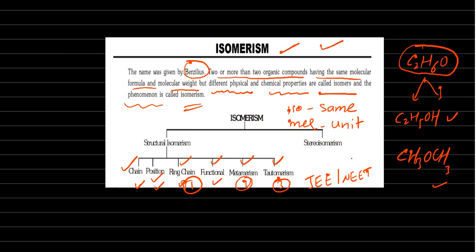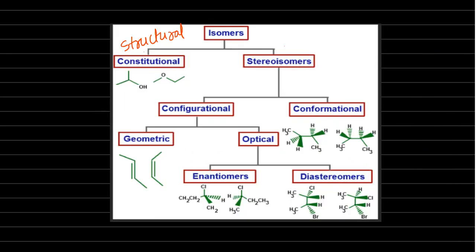This stereoisomerism is of two types: configurational and conformational. Conformational is where CC bond rotation is possible, right?